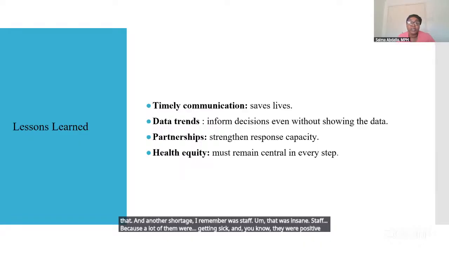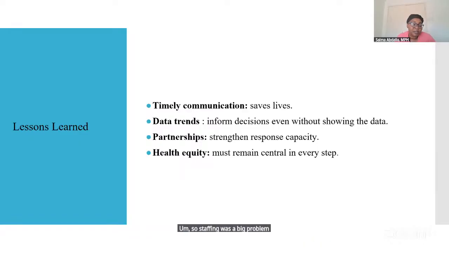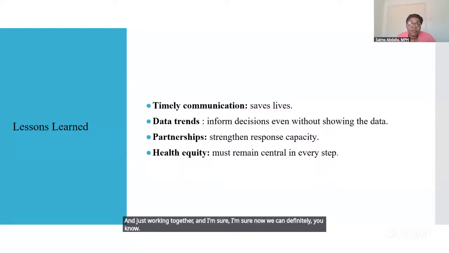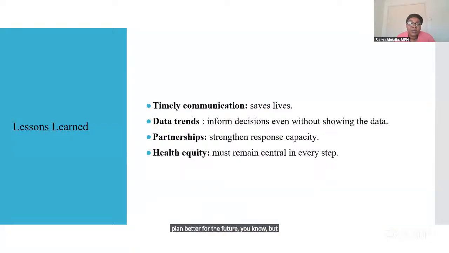So staffing was a big problem and definitely a lesson learned. And just working together, I'm sure now we can definitely plan better for the future, but this is definitely a lesson learned for a lot of us.